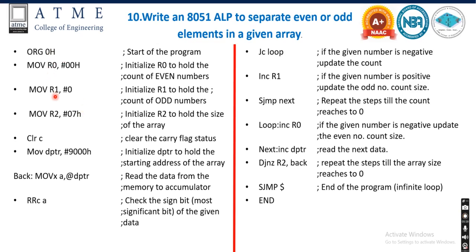R0 and R1 are used to hold the count of even and odd numbers respectively, so initially they are loaded with 00H, which you can write simply as hash 0. R2 is used to hold the length of the array. For this particular example, I am giving 07H.